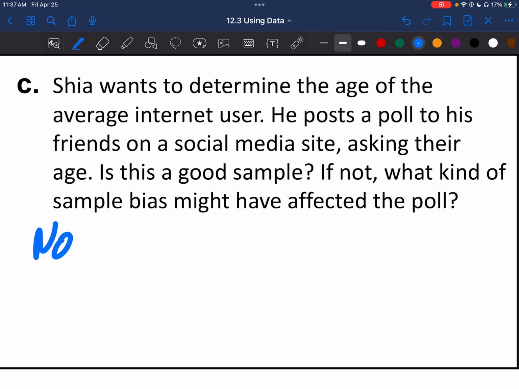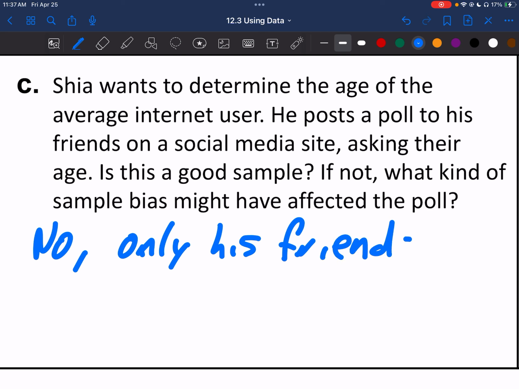No, it's not a good sample, and it's only his friends that are being sampled. So, likely his friends are of a similar age demographic, and it's only on one social media site.